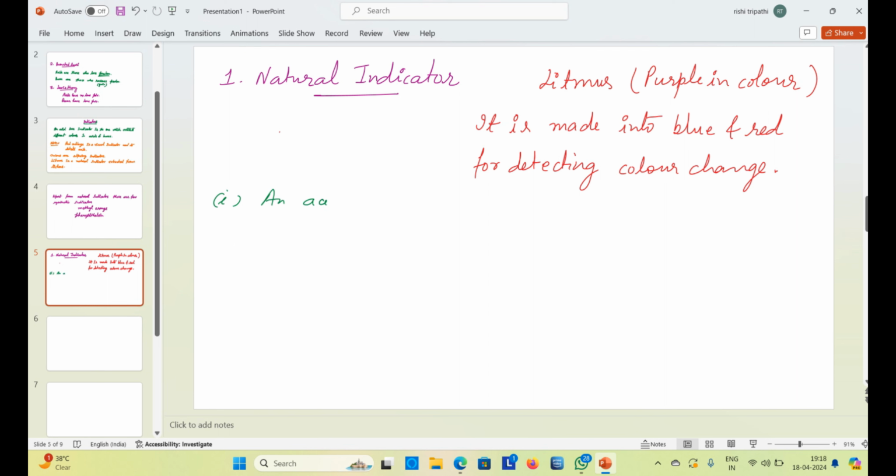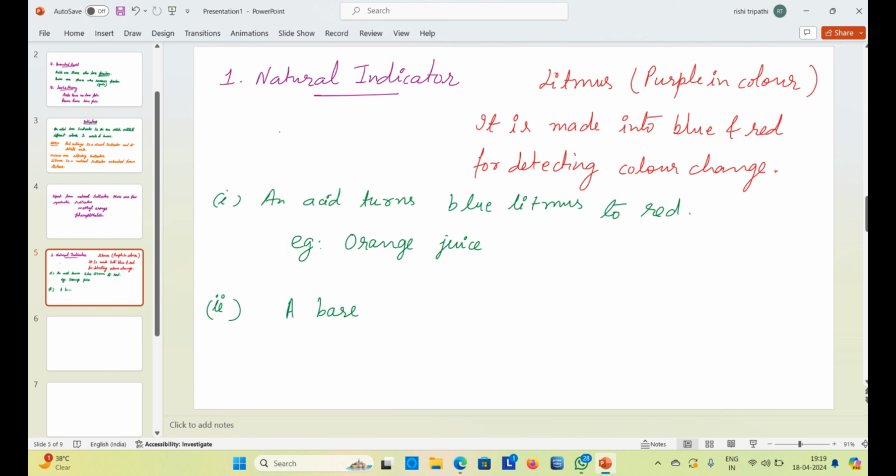An acid turns blue litmus to red. Example, orange juice. Second one is a base turns red litmus to blue. Example, NaOH, which is a base.